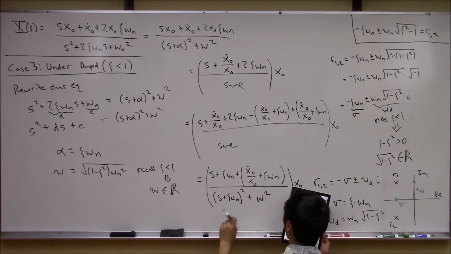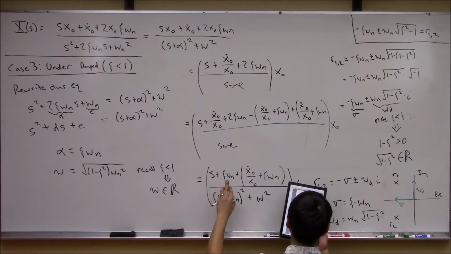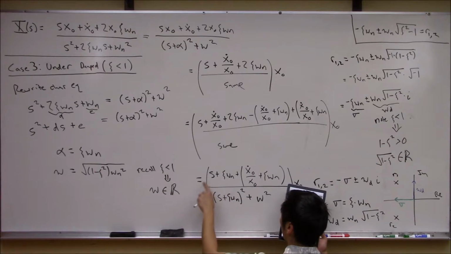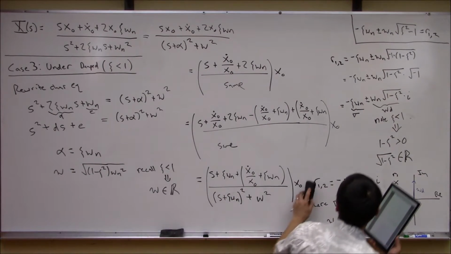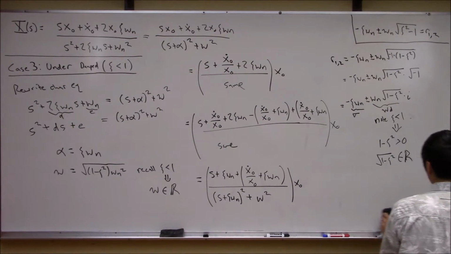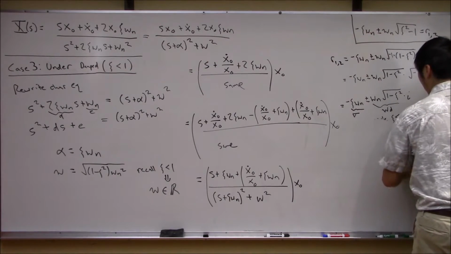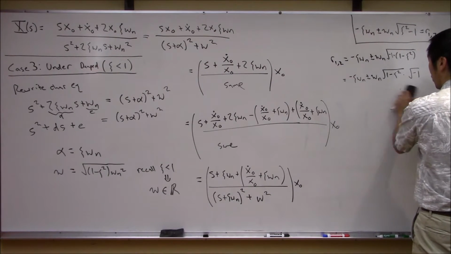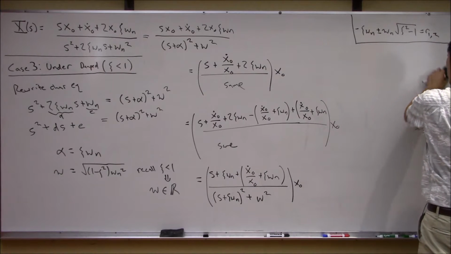Now we can break this up into two forms that look reasonable. The last part of this partial fraction expansion, and again, we're going over this one in a little more detail because it's a little more involved.